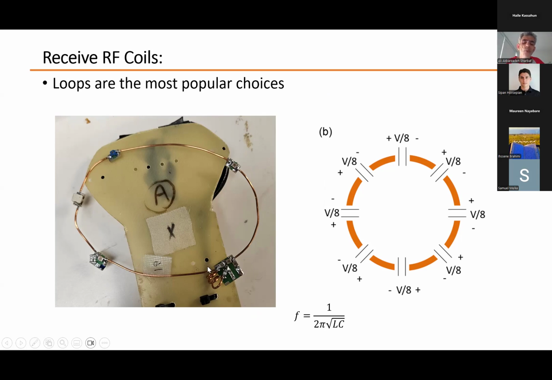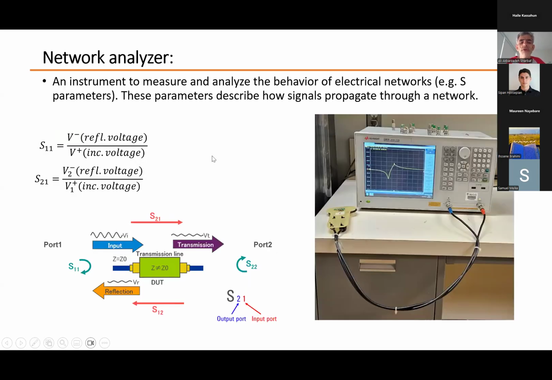Once we build one loop, in order to find its resonance frequency, we use the network analyzer. I don't know if you are familiar with the network analyzer, but I'm going to introduce it quickly.